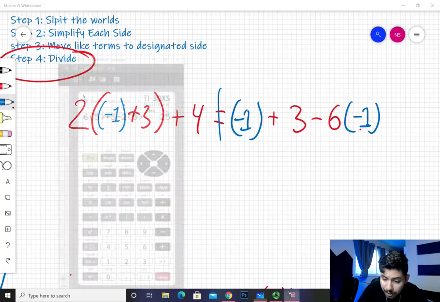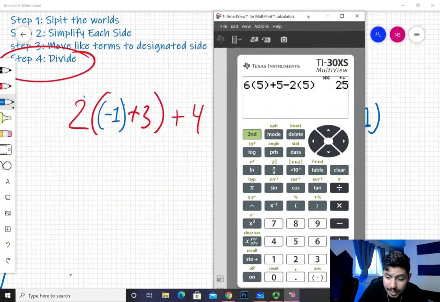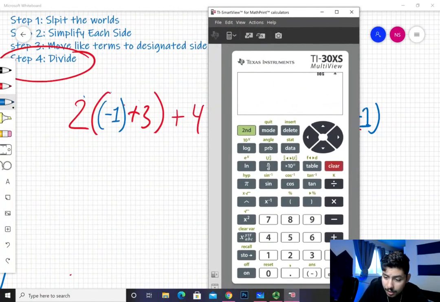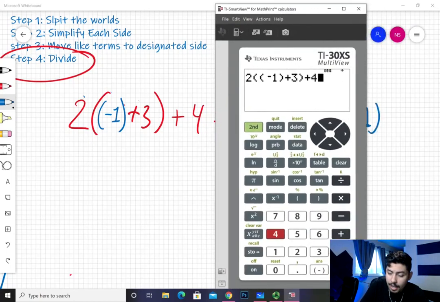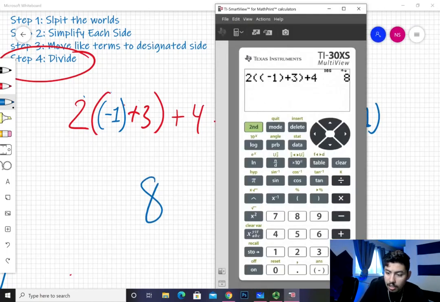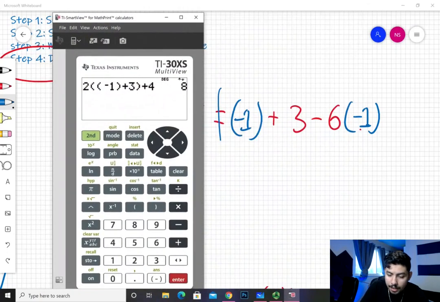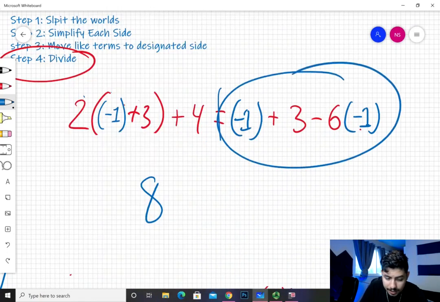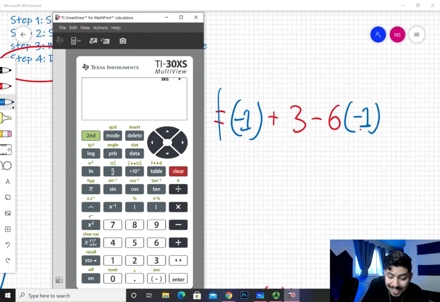So if I were to put this into the calculator, side A, let's say, 2 parentheses, negative 1, close that parentheses, then plus 3, close the whole parentheses, then plus the 4. This is my side A. I'm going to get 8. Perfect. I'm going to go to side B, and I'm going to copy all of this, in hopes I get 8. If not, I messed up big time.